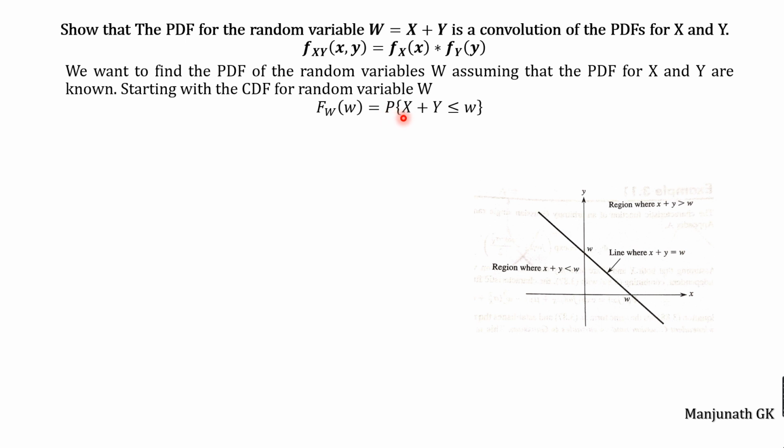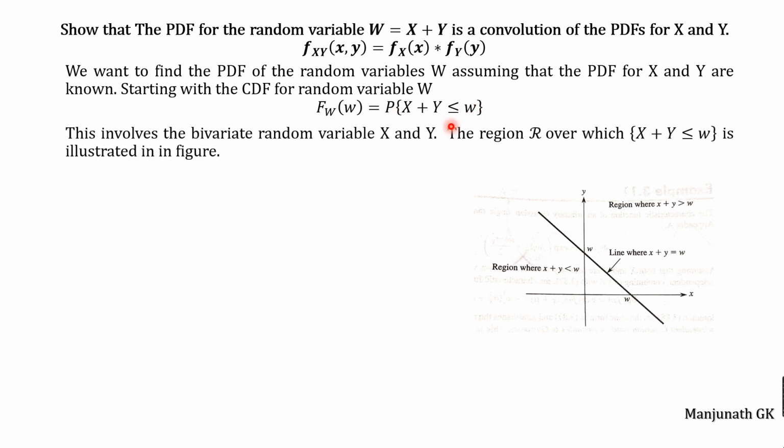It is actually the probability over the range W. The calculation of the probability involves the region R, where X varies from minus infinity to plus infinity and Y varies from minus infinity to W. That region we have to consider here.